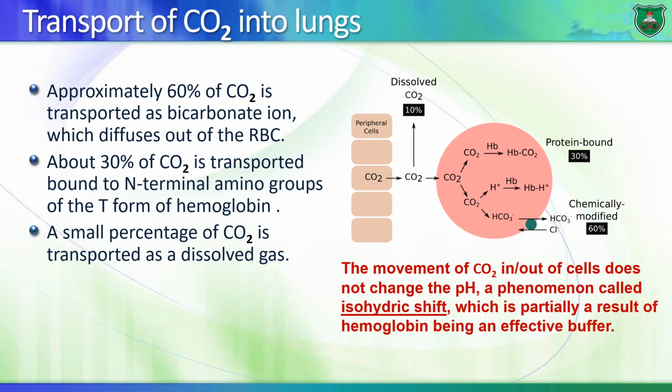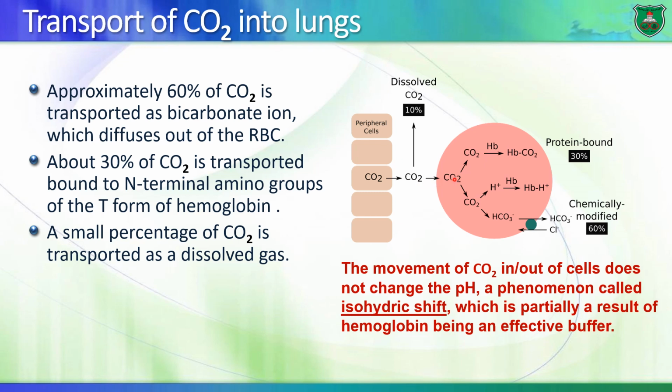So CO2 is transported. How does it get transported? Well, it's transported as a bicarbonate ion predominantly. So 60% of CO2 is transported in blood in the form of the bicarbonate ion. So what happens is that CO2 leaves tissues, it goes into red blood cells.